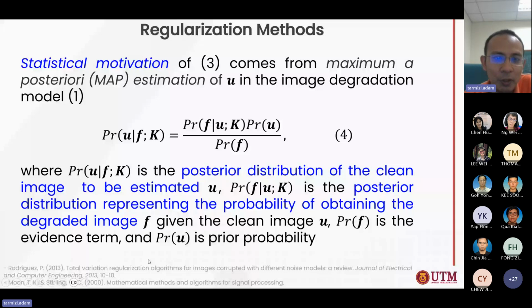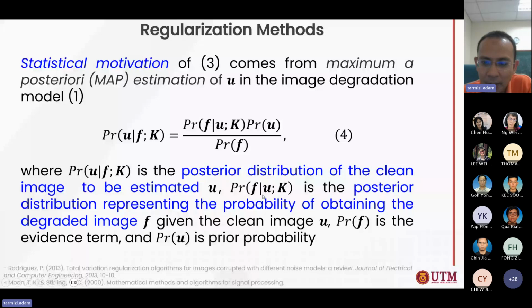It comes from the maximum a posteriori estimation, MAP estimation, of u in the image degradation model 1. So you have this MAP estimation. This probability over here is the posterior distribution of the clean image to be estimated, because we want to estimate the image u from the degradation model.